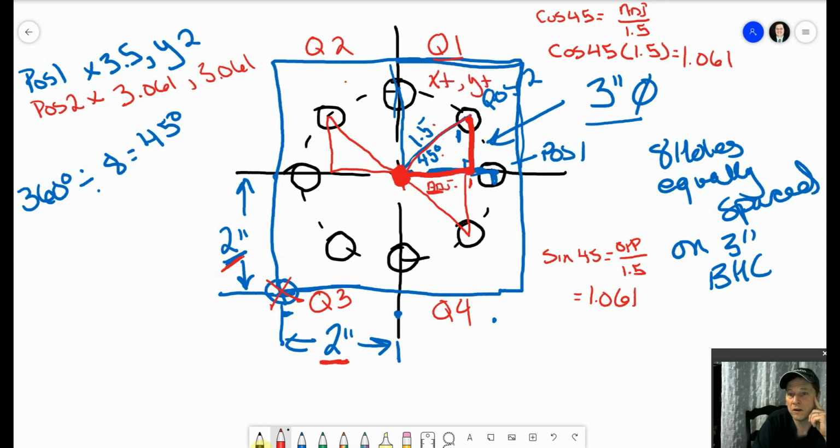All of your math, all of your locations, all of your solutions up here are all positive locations, right? So this hole and this hole will all be positive locations. But this hole is on the left side of the datum.